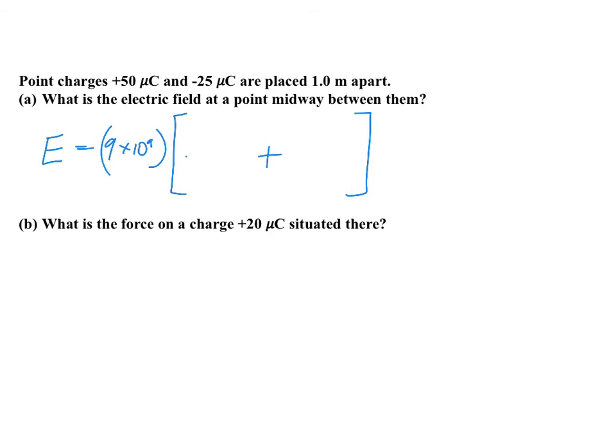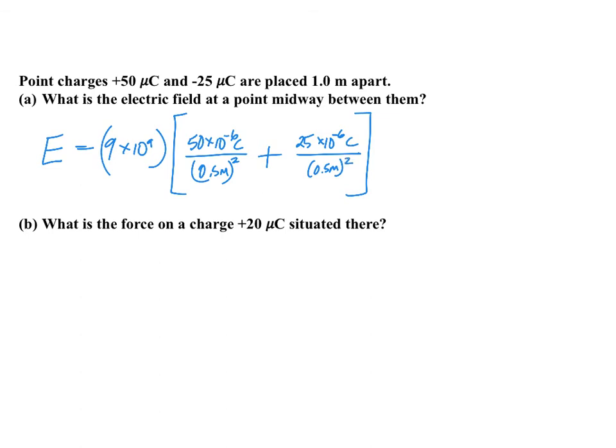So on the left-hand side, we would have our 50 times 10 to the minus 6 coulombs acting at a distance of 0.5 meters squared. And on the right side, just from a magnitude standpoint, the 25 microcoulombs at the same distance.